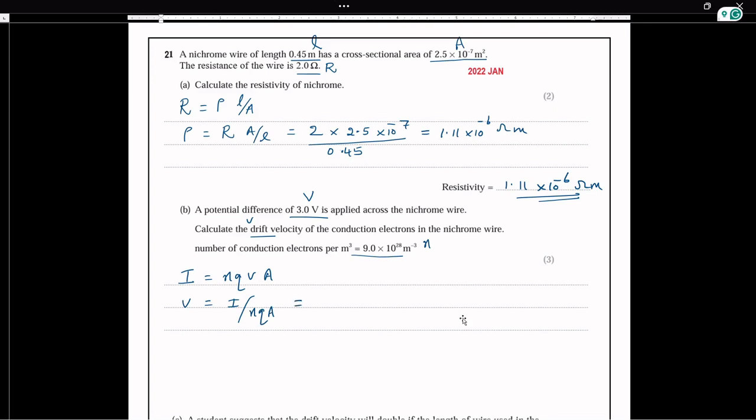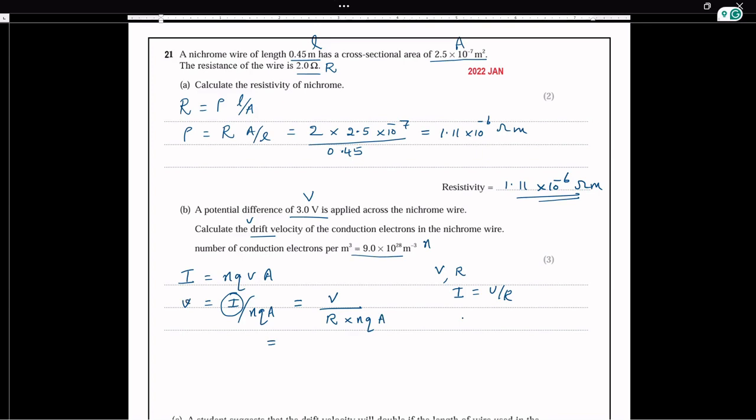Actually, the current value is not given directly here, but we know the voltage is given, and the resistance was given in the previous part. Therefore, we can substitute V over R. In place of I, I'm going to write V over R.